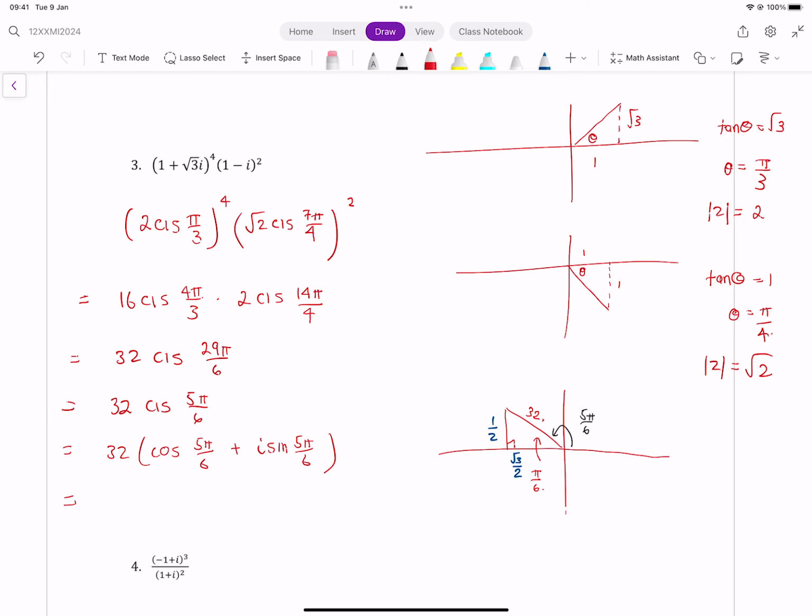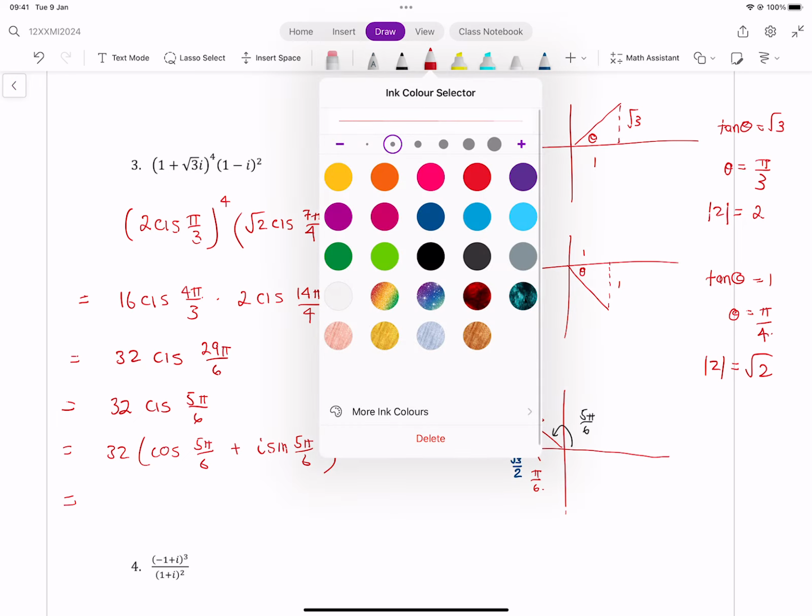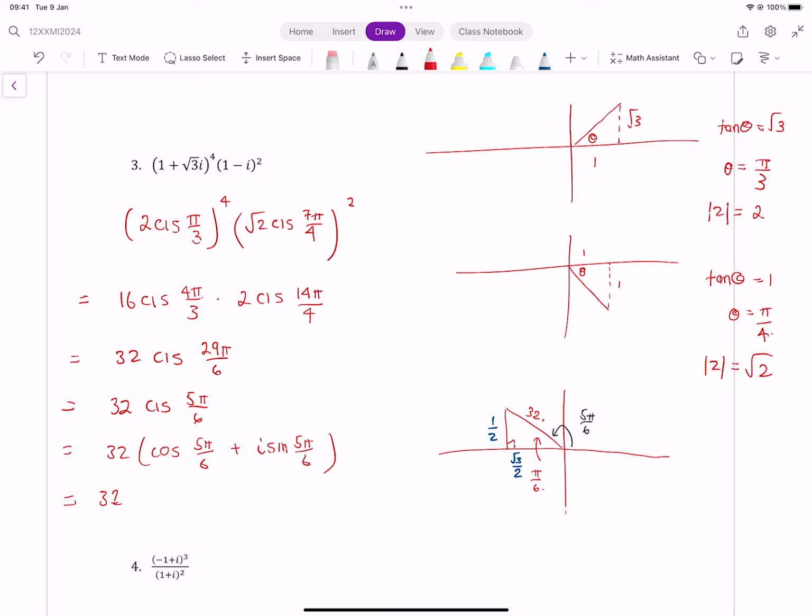So this is the complex number 32 multiplied by root 3 on 2 plus i of a half. However, in terms of its position on the Argand diagram, it goes in the negative x, or negative real direction, so we make this a minus. Multiply that 32 through, and we get minus 16 root 3 plus 16i.